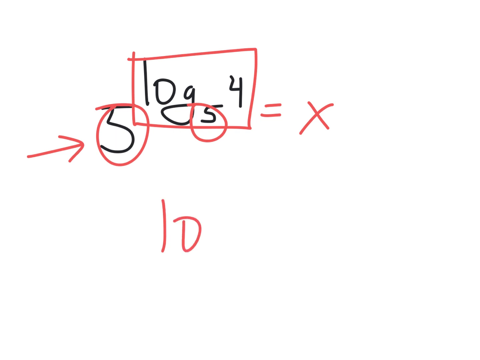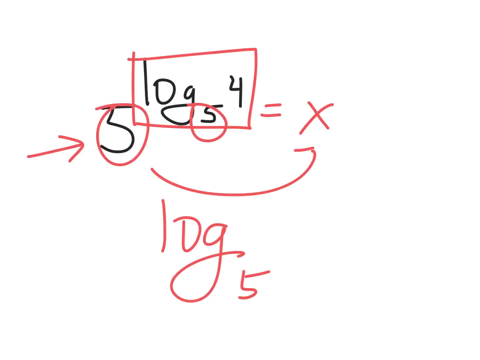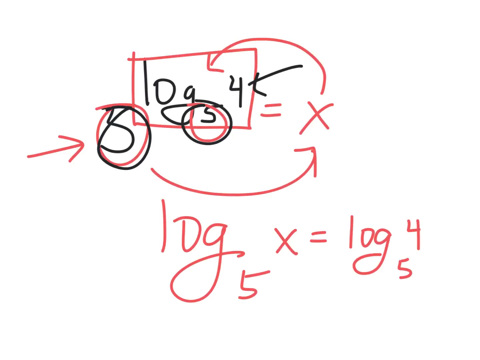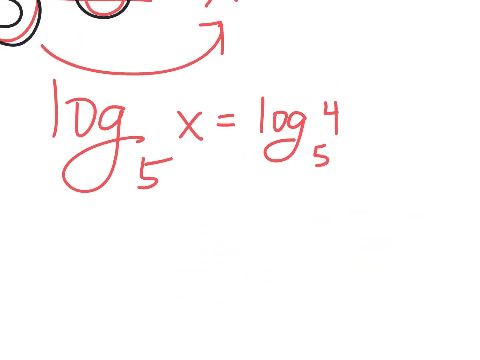So then I'm going to rewrite it as a log. And the base would be 5. And then you always go like this. And I could do all of this, but it seems like it'd be kind of a pain because I know the pattern. If the bases are the same, the answer's going to come out to that number, and look at this. It's still coming out to 4, because these would have to be the same.